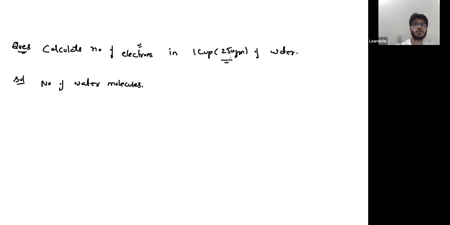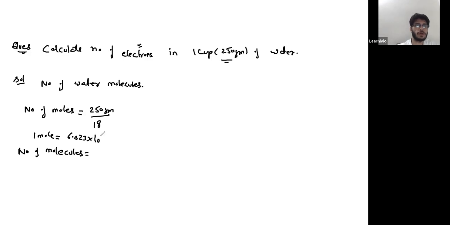Just tell me, how would you calculate the number of water molecules in 250 gram water? 250 by molar mass of water. Very good. So first of all, we will calculate the number of moles, right? So the number of moles would be 250 gram divided by the molar mass of water, which is 18. What should be the next step? Then next we'll calculate the number of molecules, using the Avogadro number. 1 mole is 6.023 into 10 raised to the power 23.